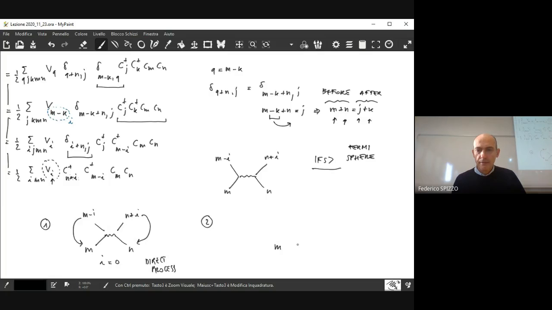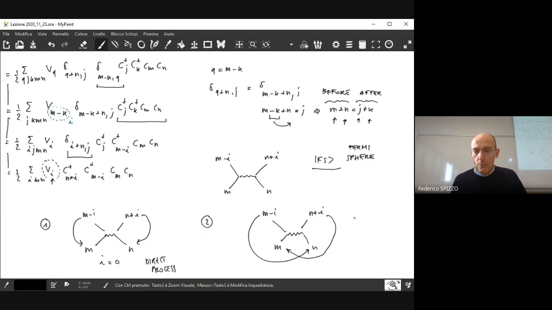In this case, we have level m, level n, the interaction, then we have m minus I, n plus I. Level m minus I replaces level n, and level n plus I replaces level m. So in this case, you have an exchange, because the initial level m ends up in the initial level n, and the initial level n ends up in initial level m.